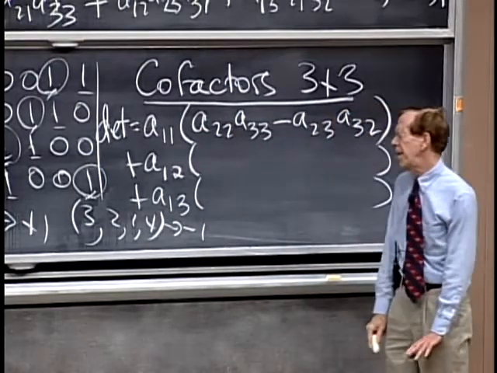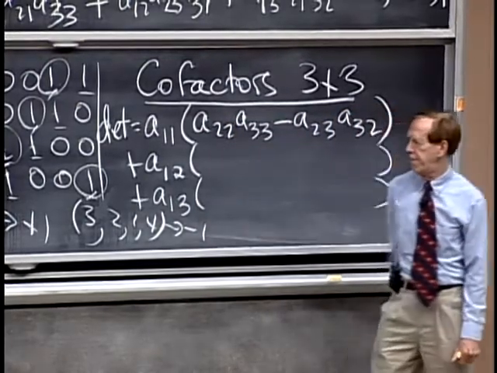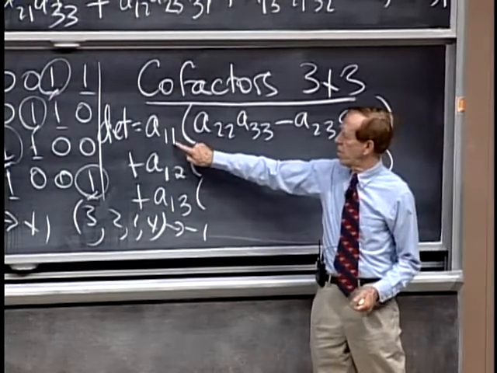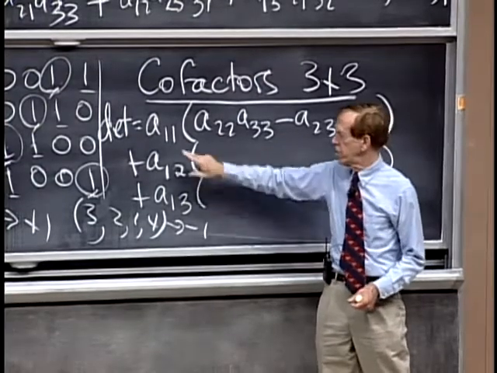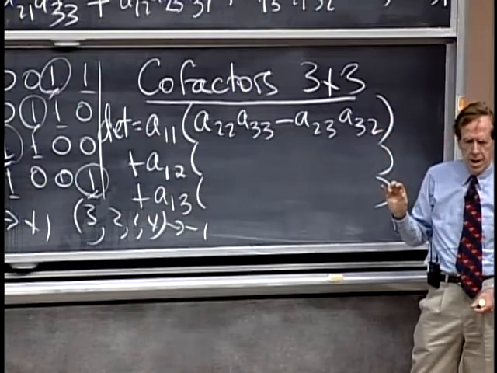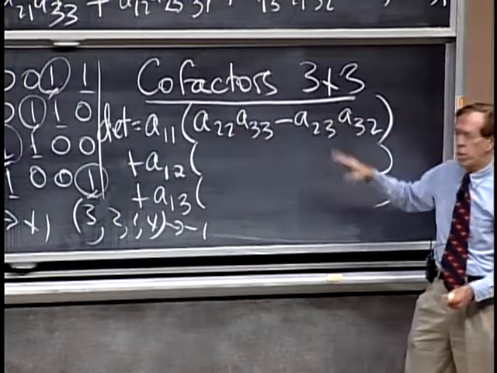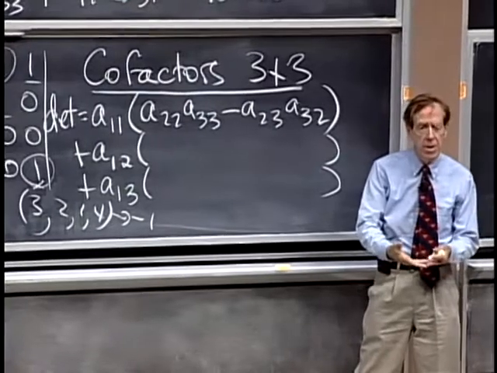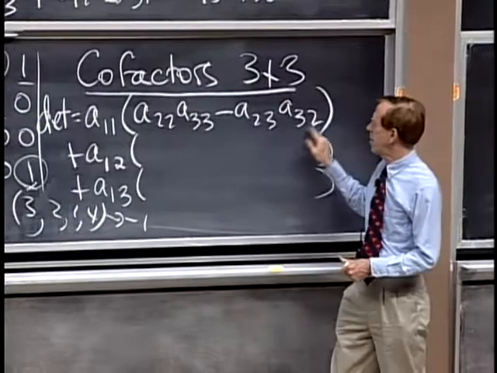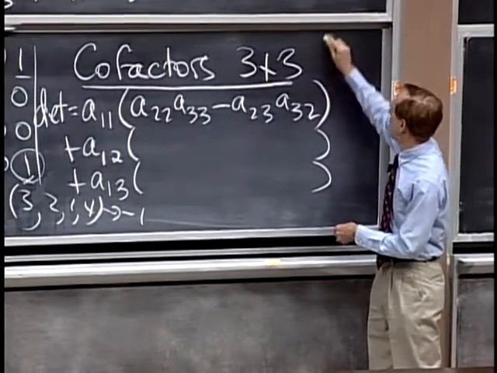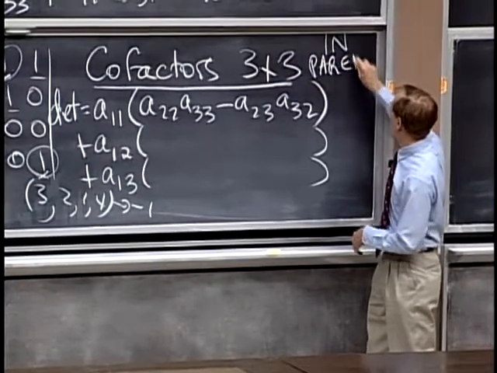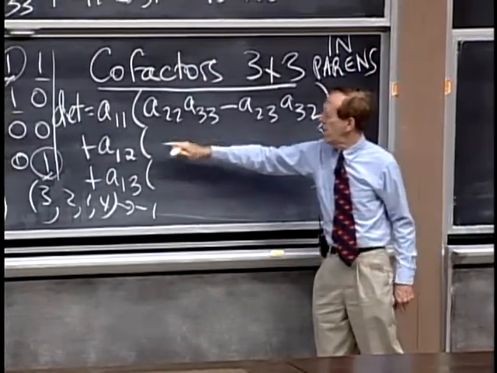Do you see what I'm doing? I'm taking our big formula, and I'm saying, OK, choose column 1 out of the first row, and take all the possibilities. And those extra factors will be what we'll call the cofactor, co meaning going with A11. The cofactors are in parentheses, A11 times something.